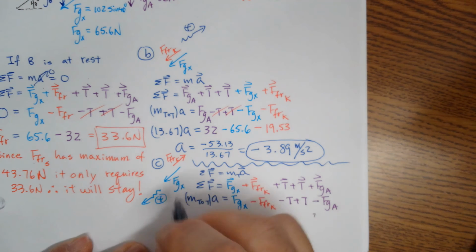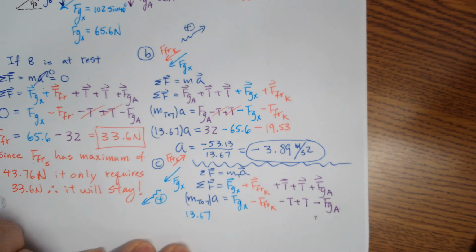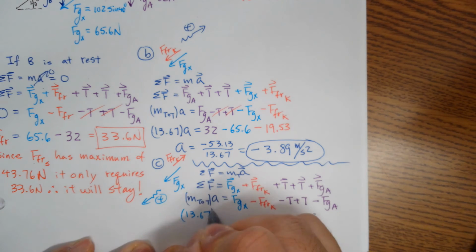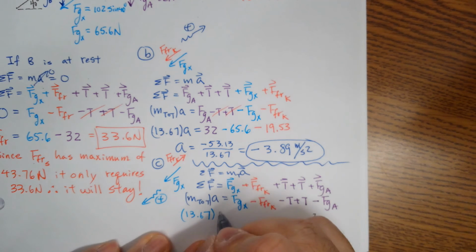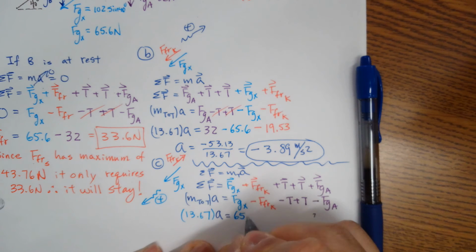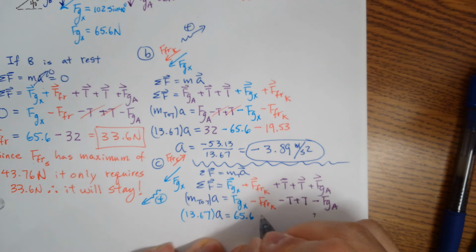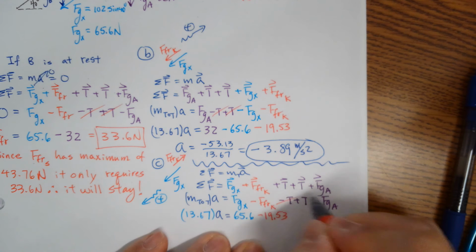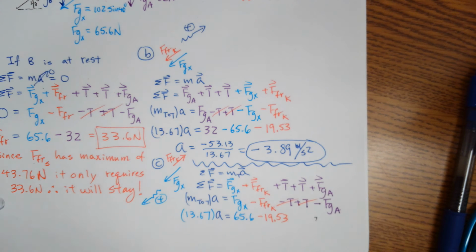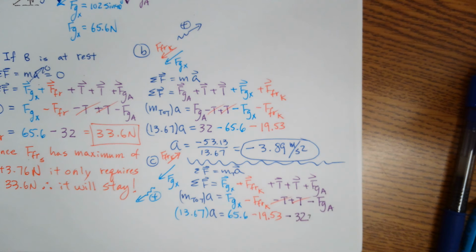So my M total, which is 13.67, times A is equal to FGX, which is 65.6, minus kinetic friction, which is 19.53. Again, these two will cancel out, minus 32. So what is that?